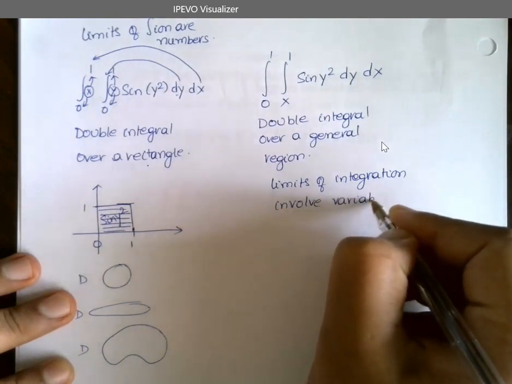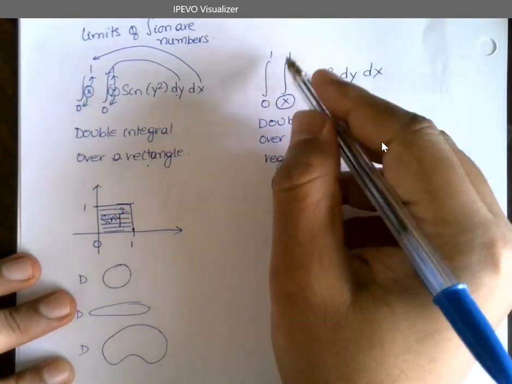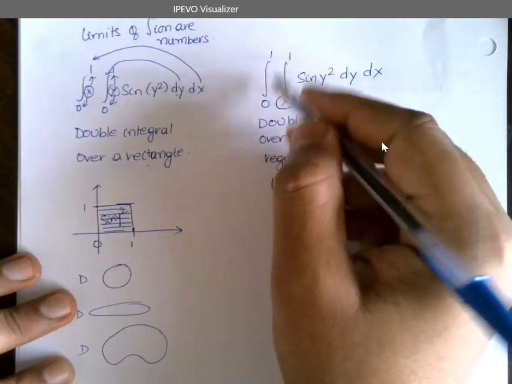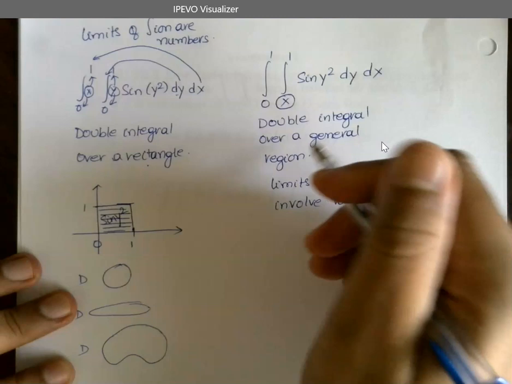If variables occur, they have to occur in the inner integral, because the outside limits must be numbers. Otherwise, you would not be able to integrate.